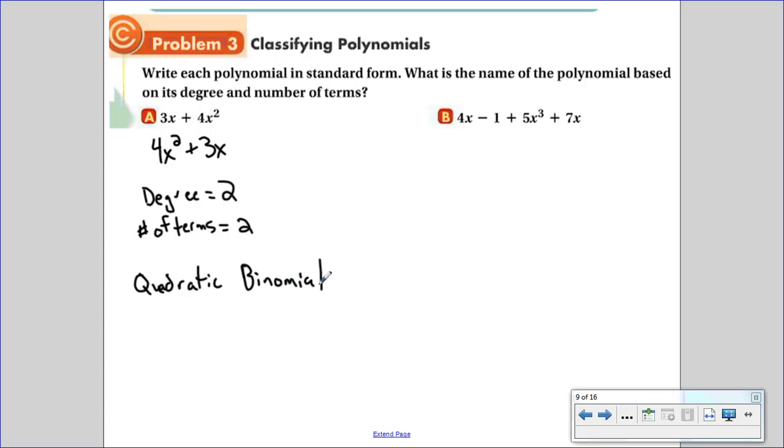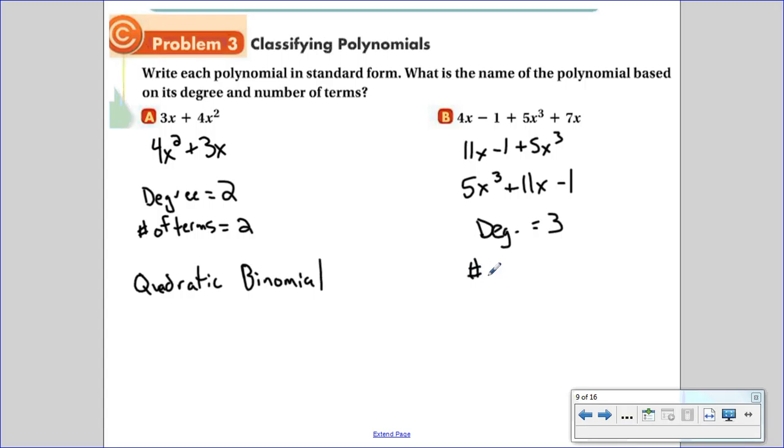binomial. This one, the x's can combine, the 4x and the 7x. So we have 11x minus 1 plus 5x to the third. I want to put these from greatest to least, so I'm going to go 5x to the third plus 11x minus 1. My degree is 3.